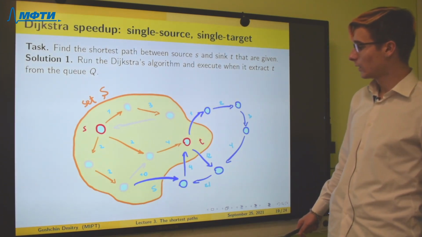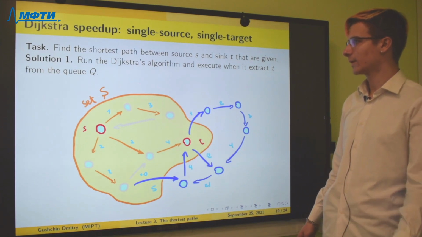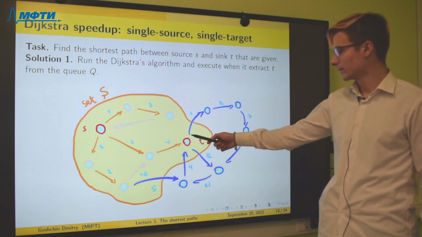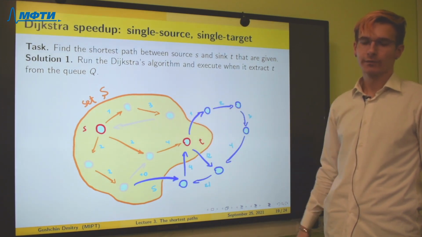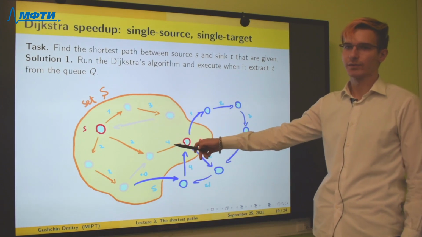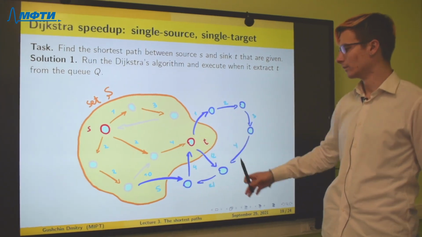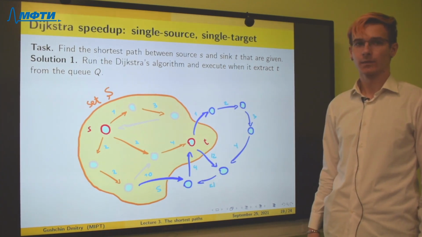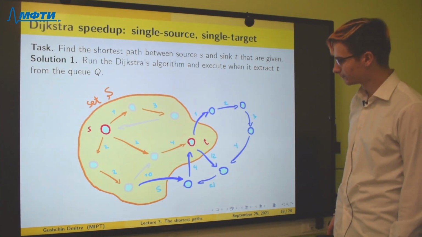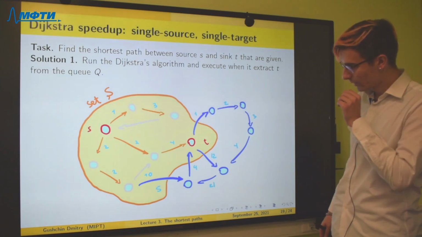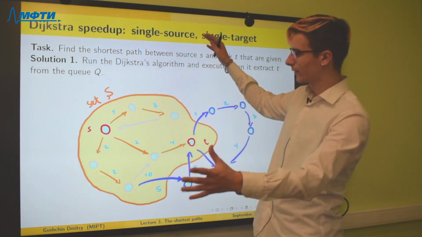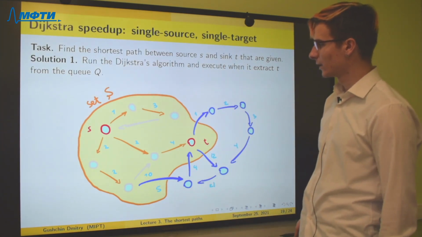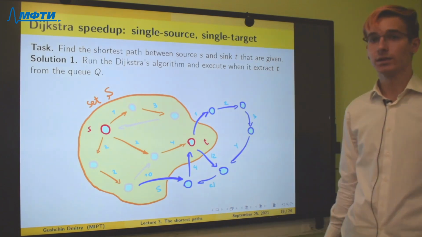For example, we can start Dijkstra's algorithm, and when we add the sink to the set S, we can say, okay, we found the shortest path between it and S, so we solve our task. Okay. But it is bad because we find a lot of shortest paths between other vertices and S that we don't need.